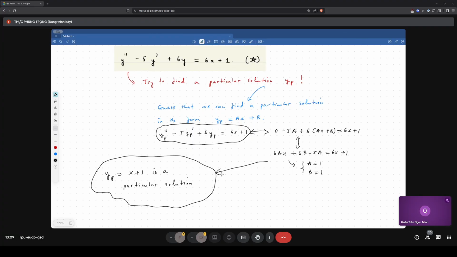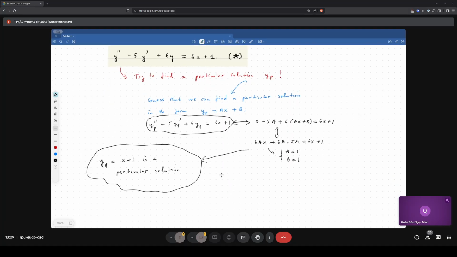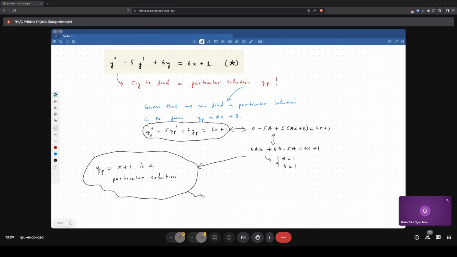After you have a particular solution, how to find all solutions? You only need to set a new function u. So from here to get all solutions, you set u equals y minus yp. Then you can see that u prime and u double prime are computed.